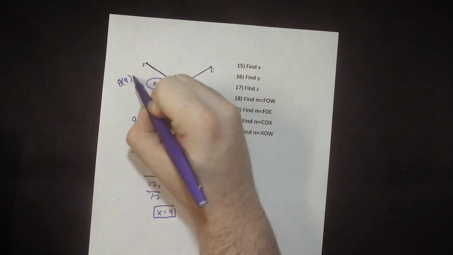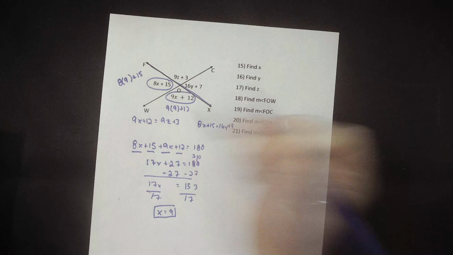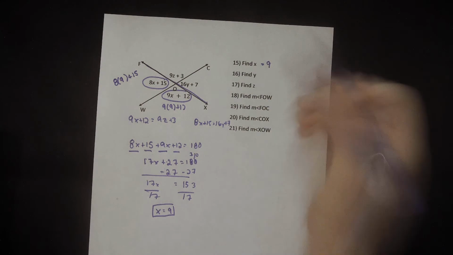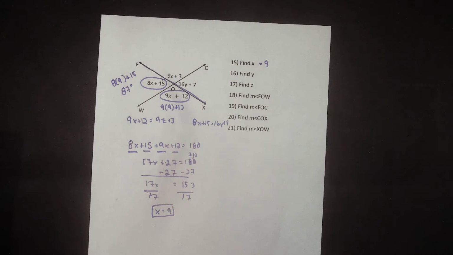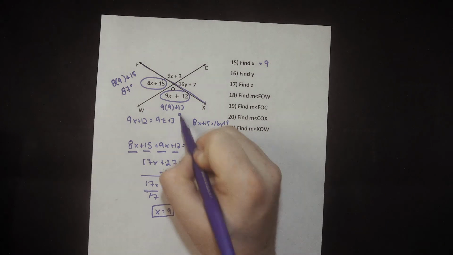But then I'm going to go back up here and say 8 times 9 plus 15 and 9 times 9 plus 12. And this is going to give us a different kind of check because these aren't vertical, so they're not going to be equal to each other, but they should add up to be 180. So 8 times 9 is 72. 72 plus 15 is 87. 9 times 9 is 81. 81 plus 12 is 93.